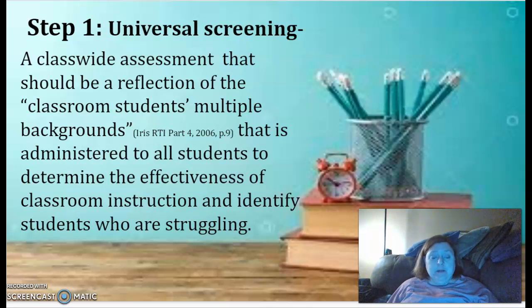So what is problem-based intervention? First, they use a universal screening, which is a class-wide assessment that assesses all of the classroom students at the same time. It's going to determine the effectiveness of classroom instruction.